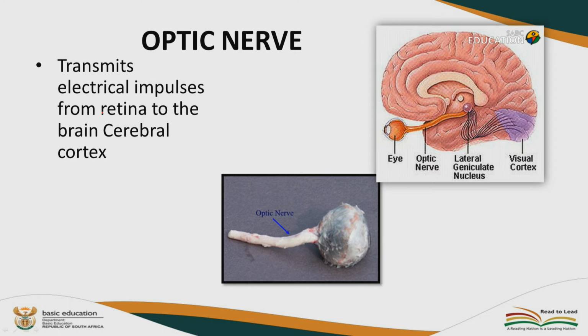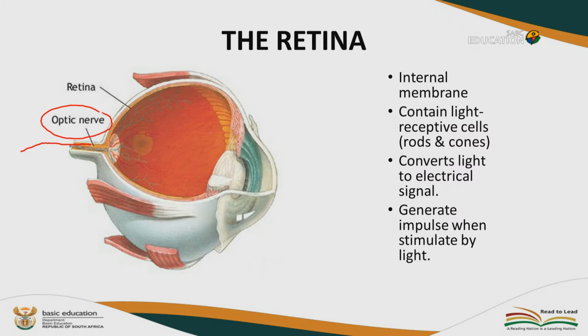Now, because the retina, the yellow spot, has converted the stimulus into impulses, the optic nerve will transmit the electrical impulses from the retina to the cerebral cortex in the brain. So it will move out. It came in as a stimulus and it lands on the yellow spot.